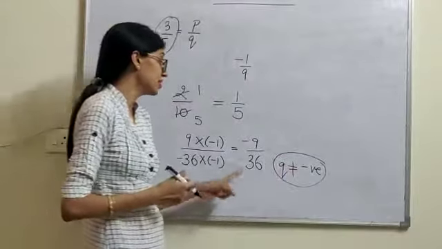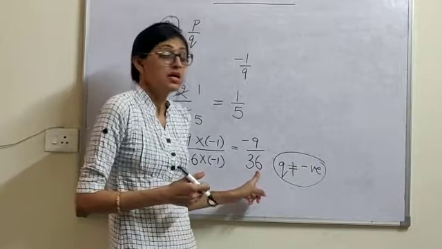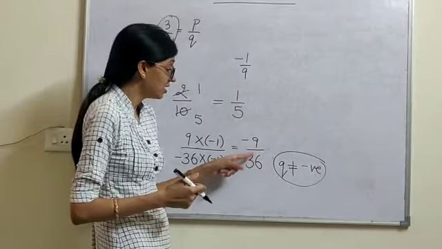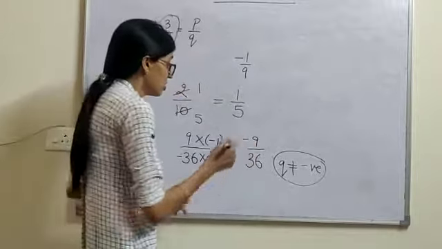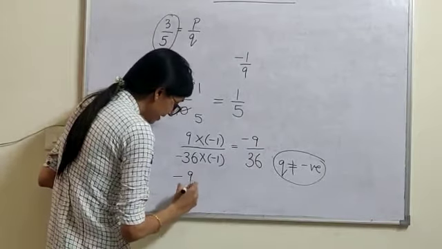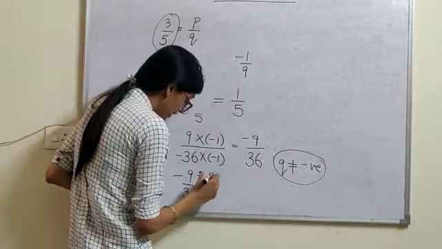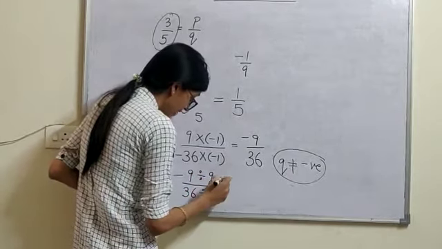Now the second condition is that both should have common factor 1, but you can see that they both come in the table of 9. So the rational number is minus 9 by 36. Divide it by 9 because both come in the table of 9.